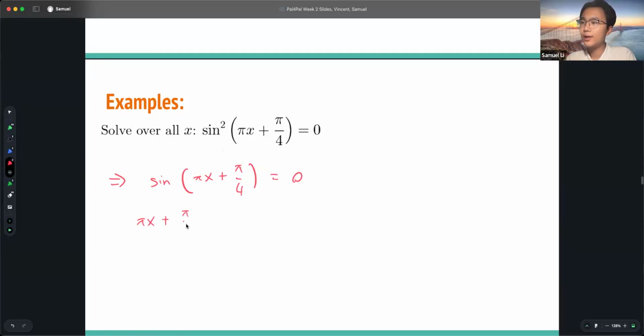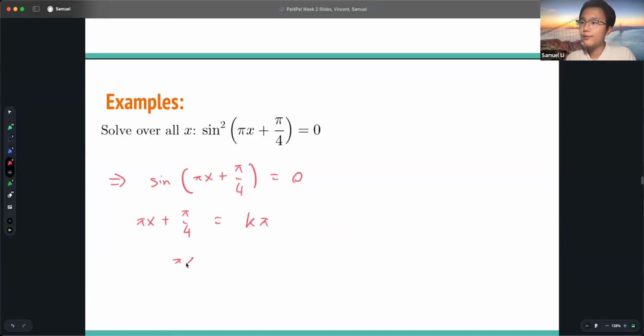We know sine is 0 whenever the angle is a multiple of pi. You could consider it again on the unit circle if you have any difficulties thinking of that. So k times pi, for any integer k. For the sake of it, I'll not write that until the very end.